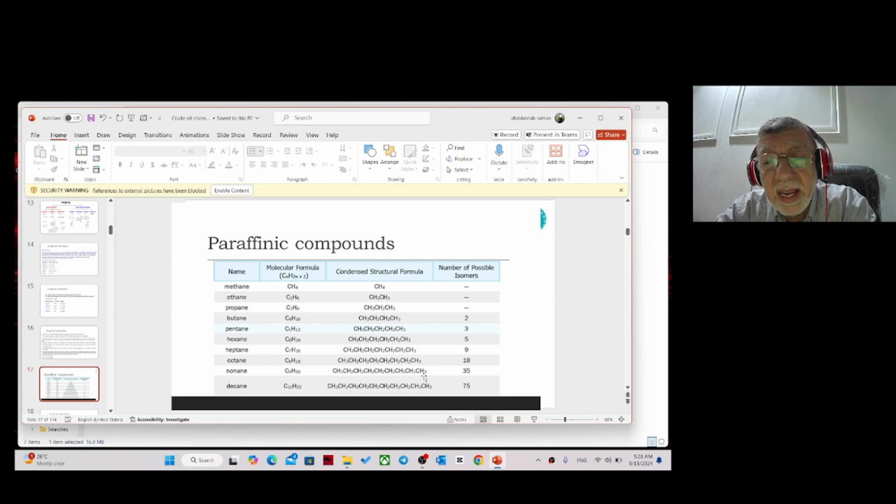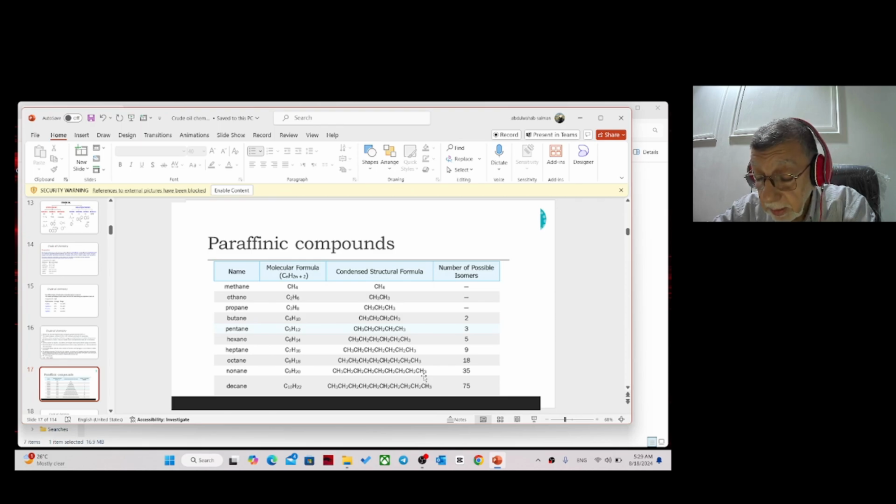From C9 up to C17, this is also liquid, but this liquid contains kerosene, diesel, and fuel oil. The compounds which contain more than 18 carbon atoms become either semi-solid or solid, which we call wax or lubrication oil or bitumen or petroleum coke.